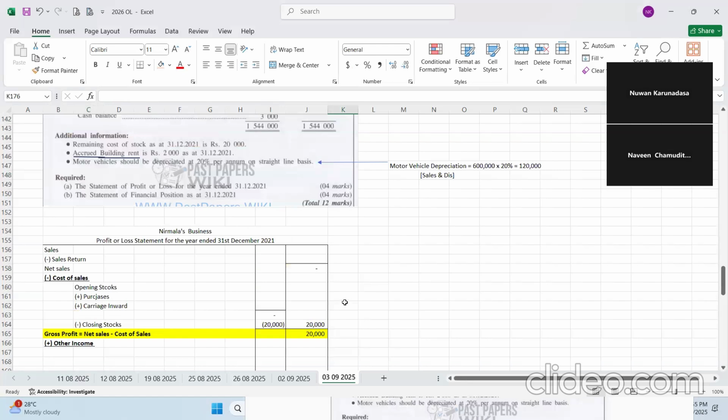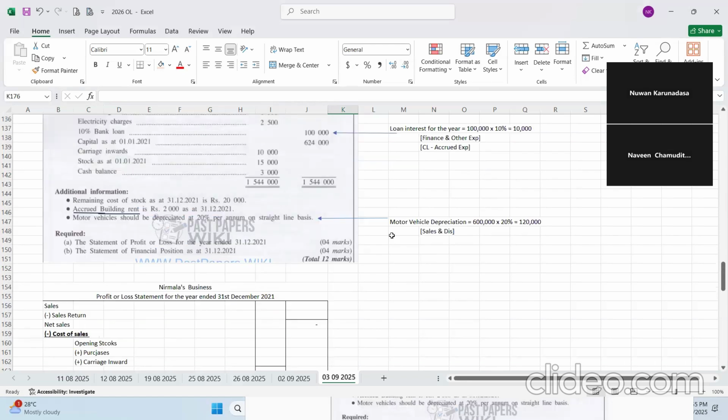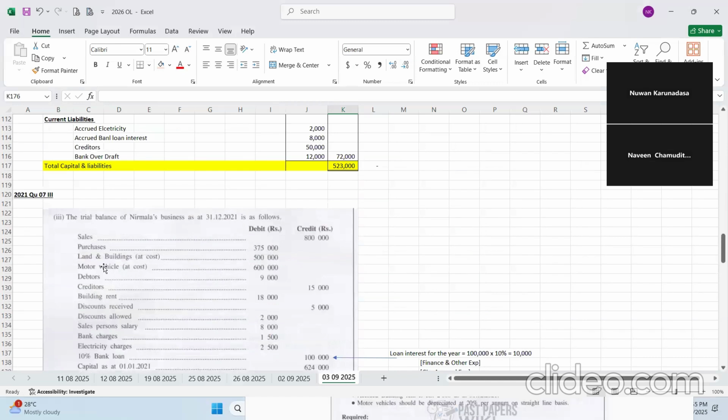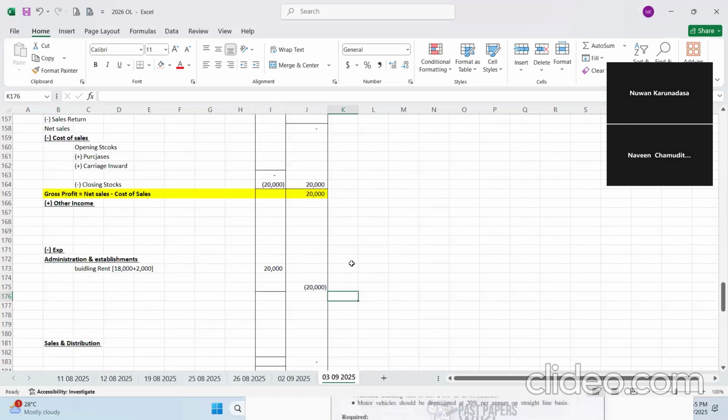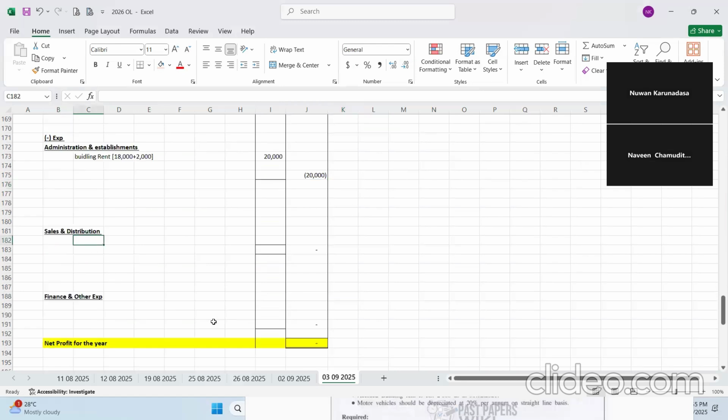Third one, motor vehicles should be depreciated 20% per annum on straight line basis. So we do the depreciation calculation. 600,000 is the motor vehicle cost. 600,000 into 20% is 120,000, that is to add to sales and distribution.